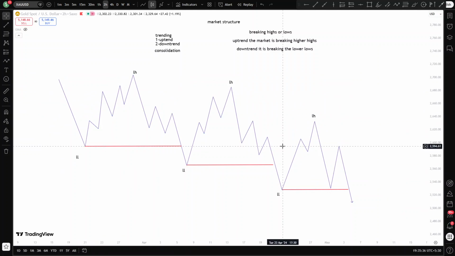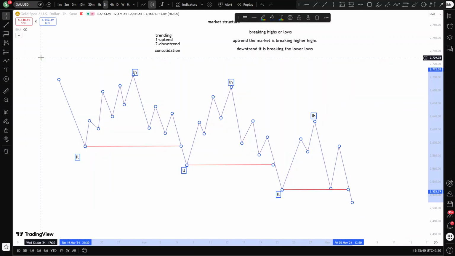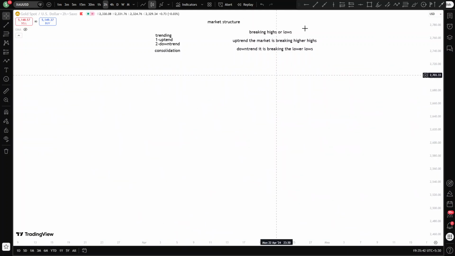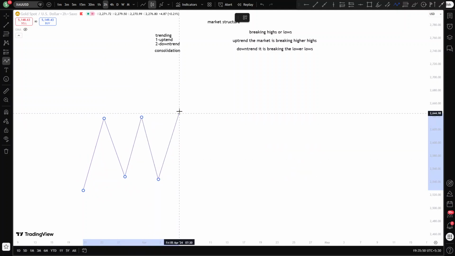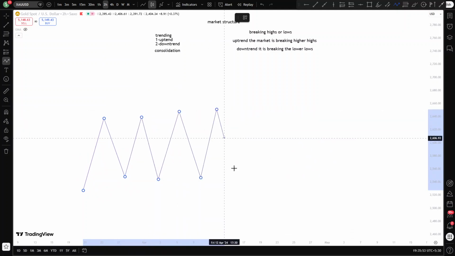For the next thing, we are now going to take a quick look at consolidation. You always find the market in a consolidation when the market is not breaking any high or any low.